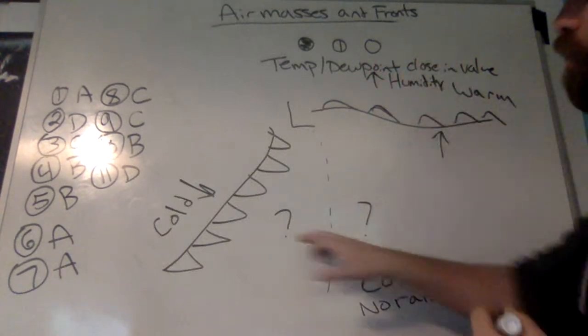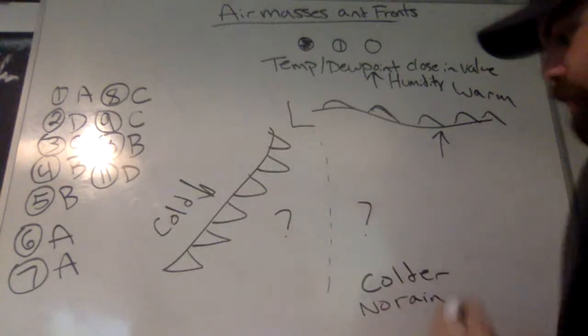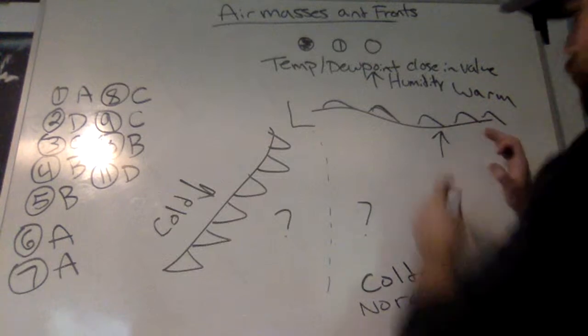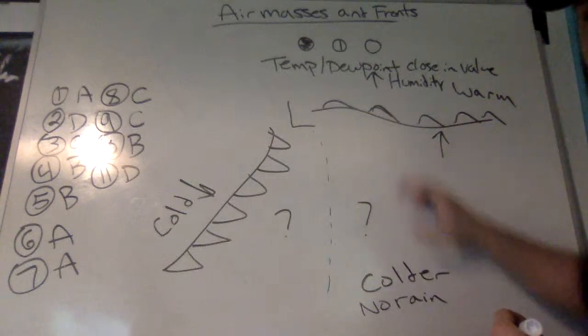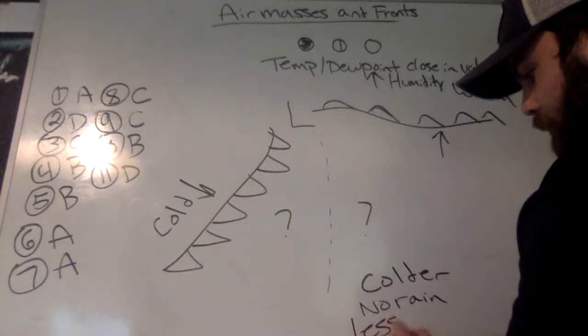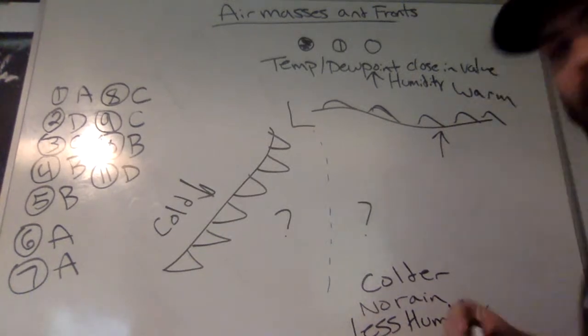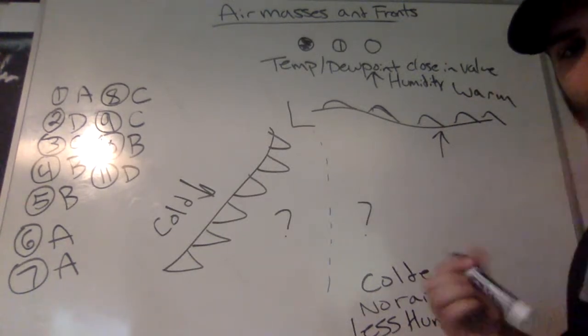Okay, so if you look on this side, they're separated. So there's actually less humidity on this side than on this side, okay? And this would make sense because what type of air mass is over here? It's a warm air mass, all right? So it's less humidity, okay?